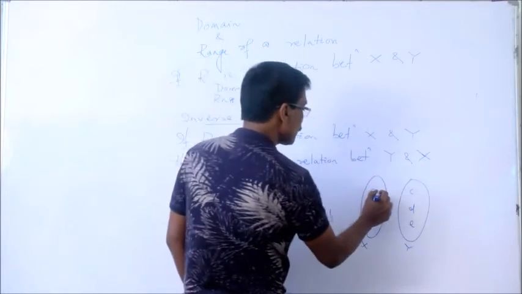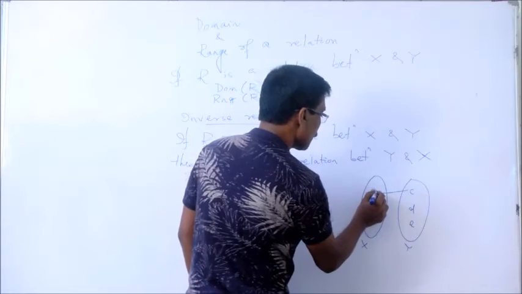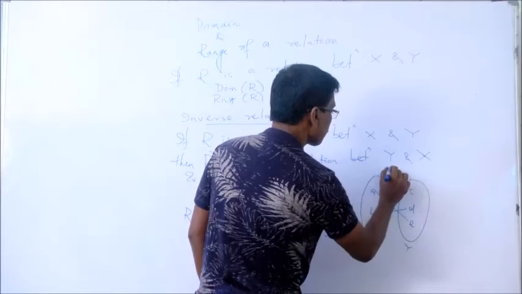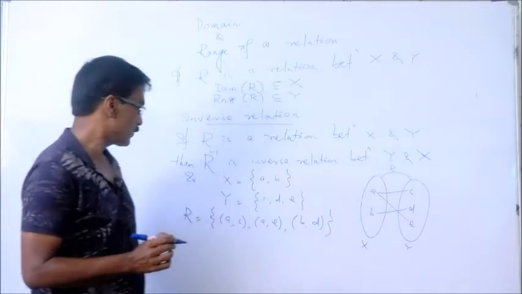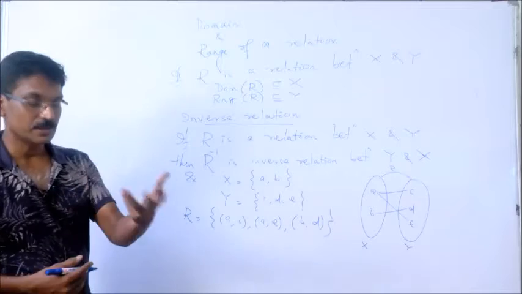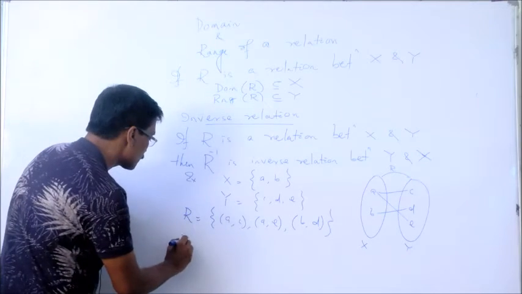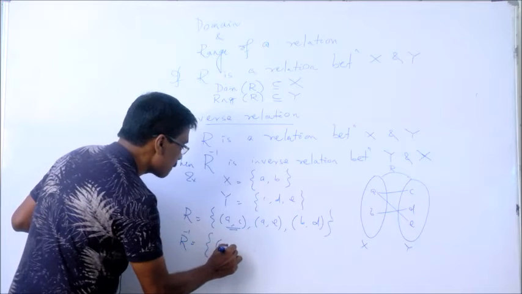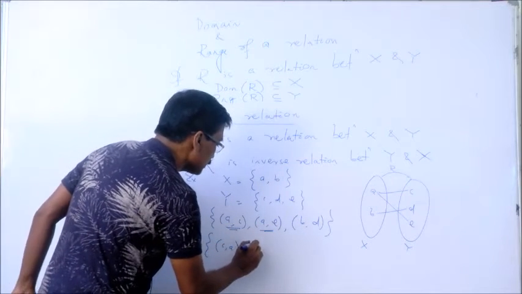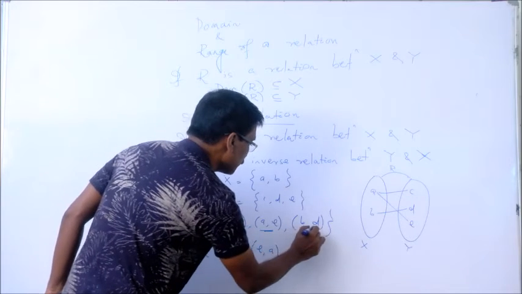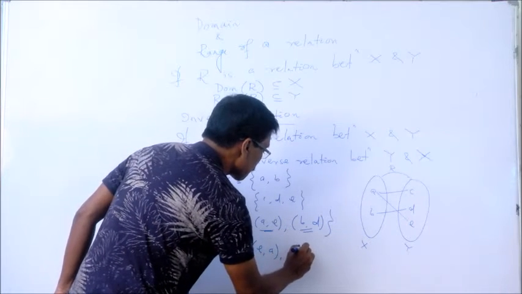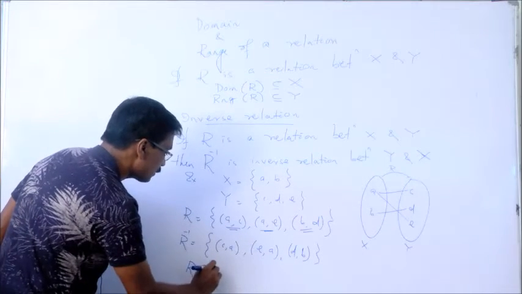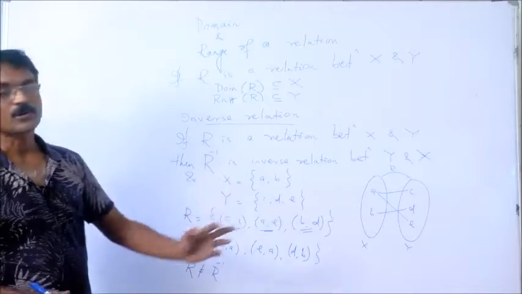So, the relation is (a,c), (a,e), (b,d). R is a relation from X to Y. Then what is the inverse relation? R inverse is simply reversing this order, that is (a,c) becomes (c,a), (a,e) becomes (e,a), (b,d) becomes (d,b). So, obviously, R is not equal to R inverse because these are ordered pairs.